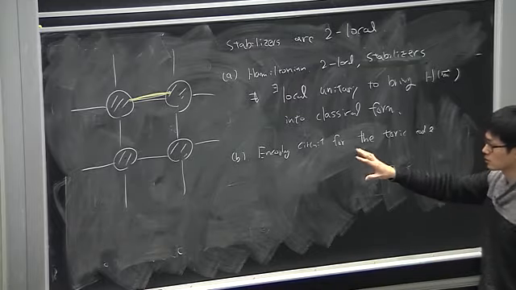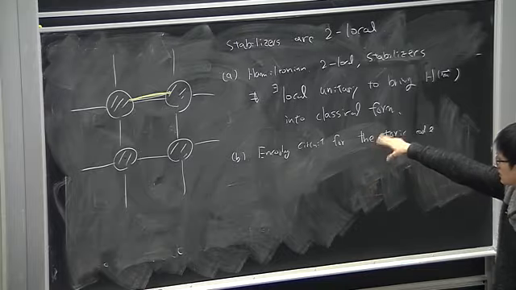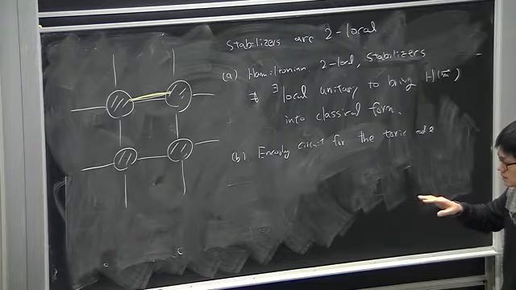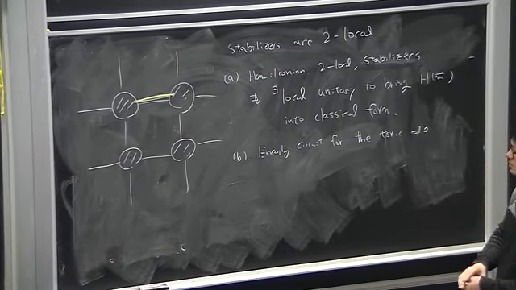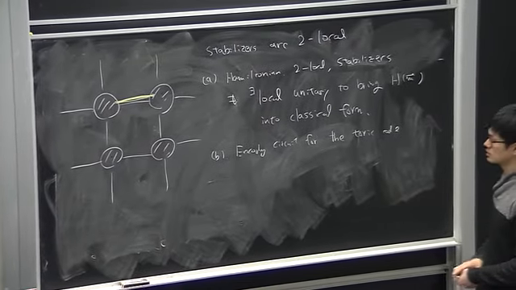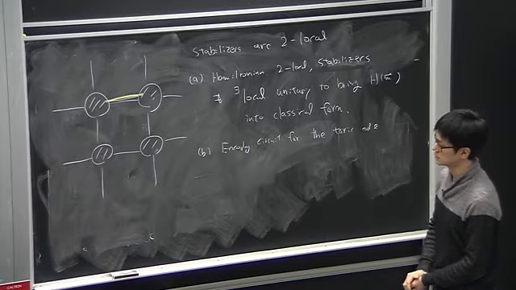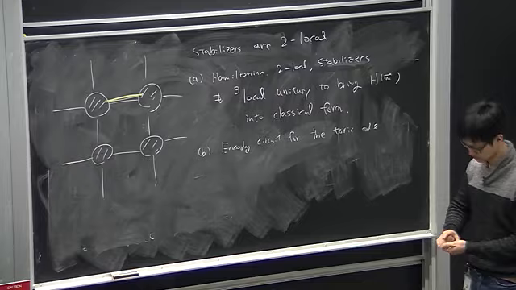And I'm not going to go into details of the proof of this, how to do this, because I need to study things case by case, and it's a bit complicated. But the statement is that two-local Hamiltonians cannot create anything interesting if they are commuting.